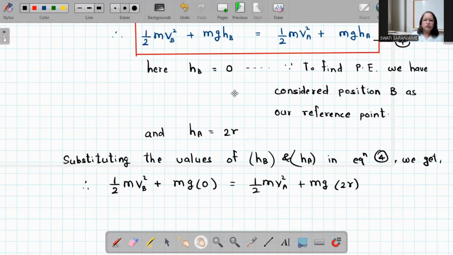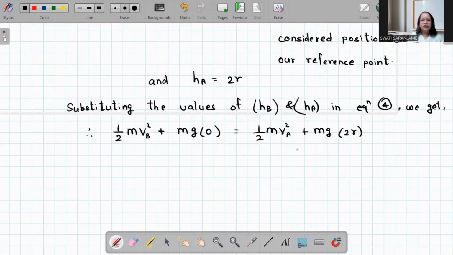Now, if you observe closely, m appears in every term on both sides of the equation, so it cancels out. What remains is half vb square plus 0, g into 0 will give you 0, which is equal to half va square plus 2gr, or we can write 2rg.